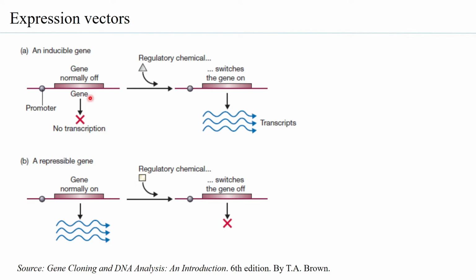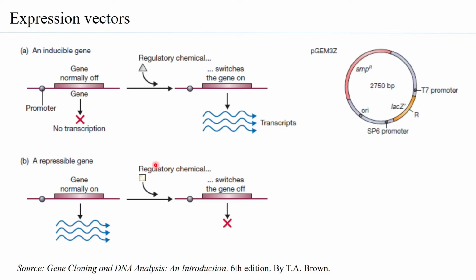So you can either have it induced, that is switched on, or you can have a switched-on gene being switched off. Basically, the understanding is that in an expression vector, when you put the gene of interest, transcription can be regulated, and that regulation is dependent on what kind of promoter one is using.